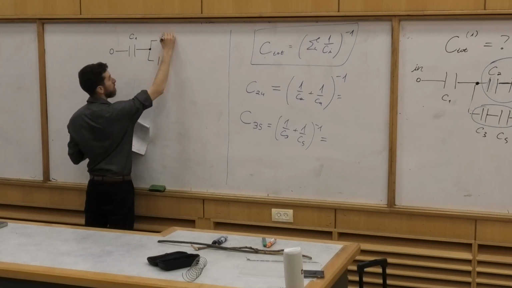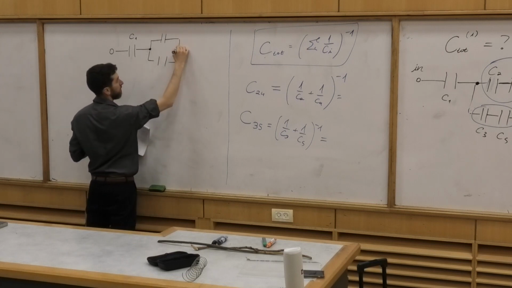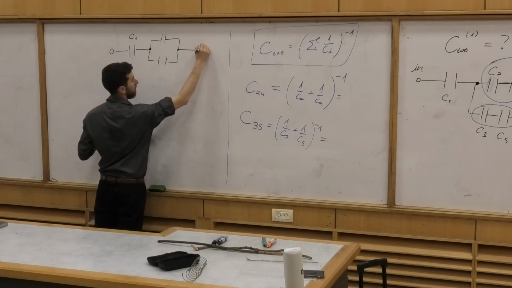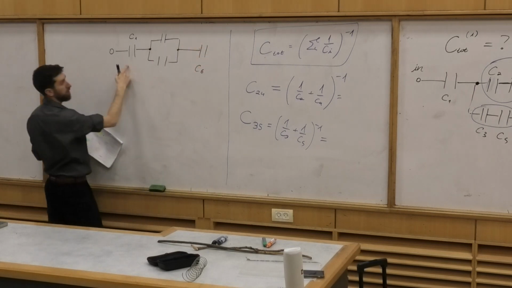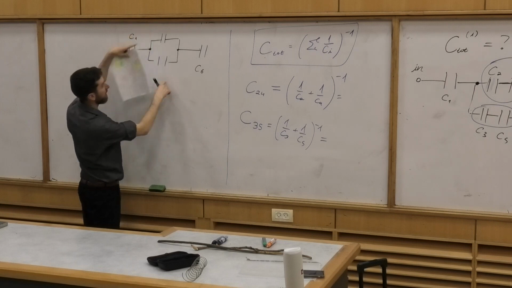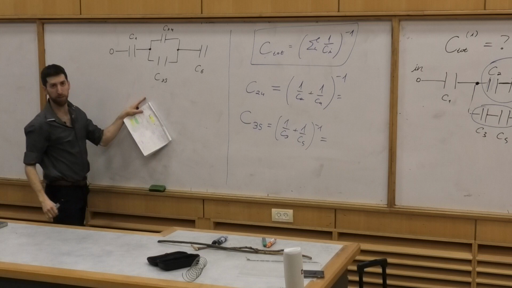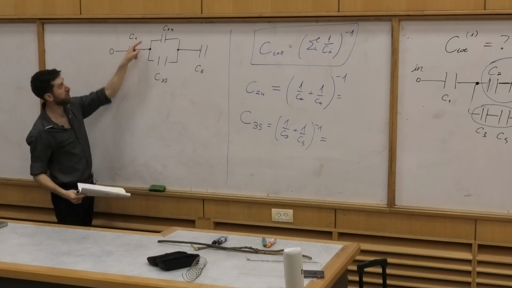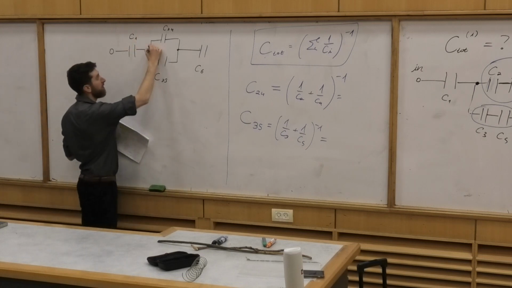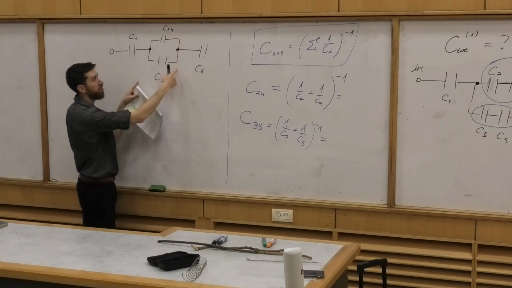And I see these two capacitors. This is C6. This is C1, but here I got C35 and C24. You see it? And what's common to these two capacitors is that they have the same difference of potential.